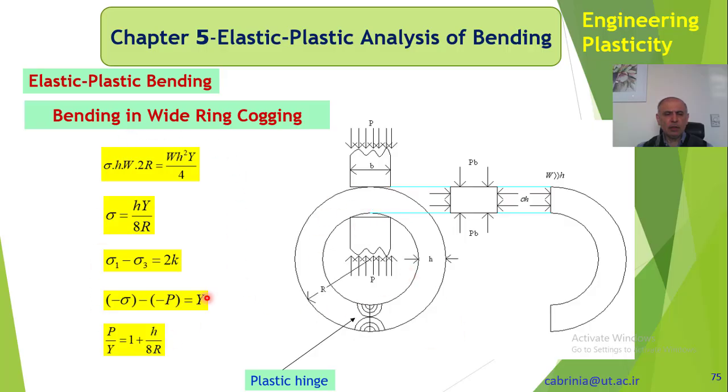Here we have got the geometry, the material, the yield criteria, and we have used these all together to get the load required to deform plastically the ring. So if you have a ring of certain dimensions h and r and w is wide enough, then you can use this relationship to get p required for deforming the ring.